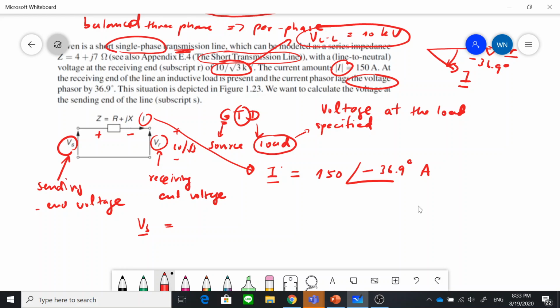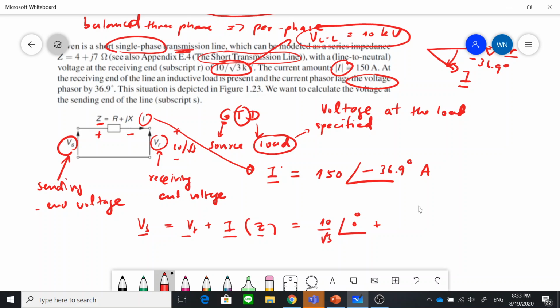So Vs is VR plus the current phasor times Z, which is R plus JX. Okay, the Z is here, Z is R plus JX. So by computation, VR here is 10 over root 3 with the angle of 0, plus I is 100.